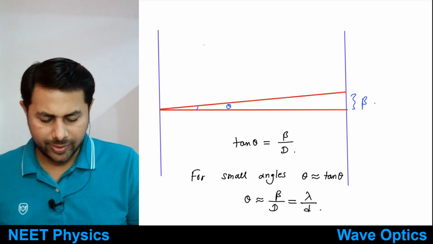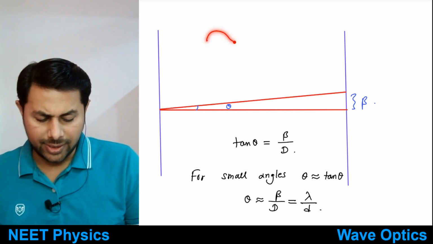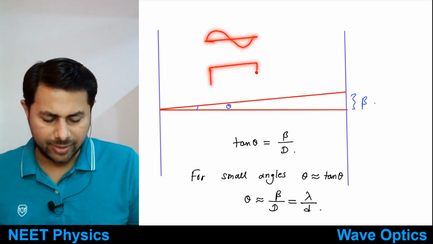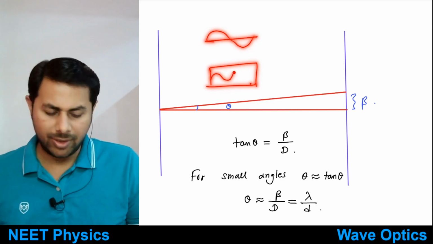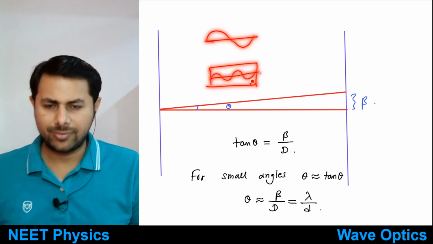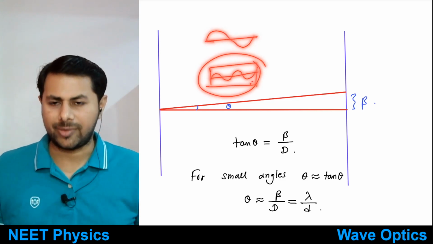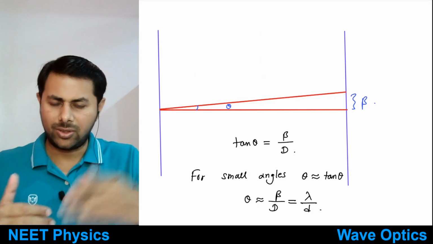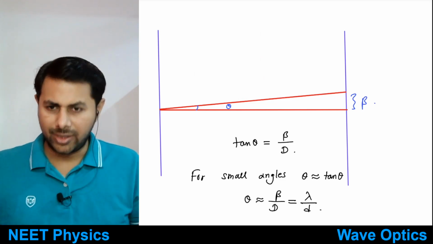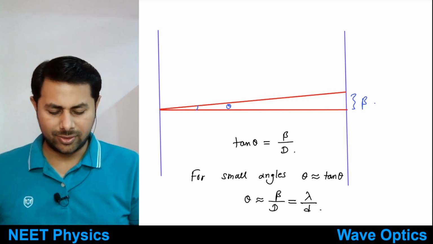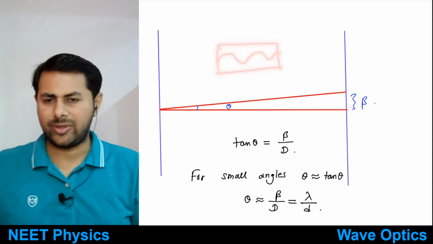But what about the waves formed? In air, suppose one wave is formed in this distance. What will happen in the medium if the refractive index is 2? That means the wavelength is half, so 2 waves would be formed, right? So that will introduce some phase difference. So the number of light waves formed within some distance, if it is a denser medium, then more waves would be formed.